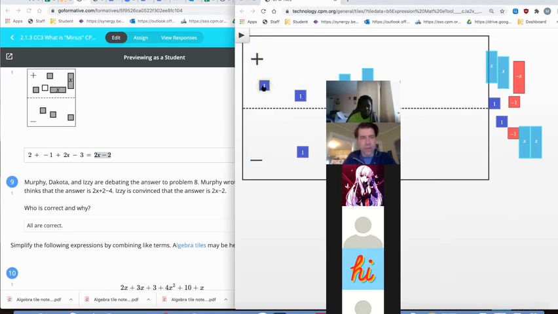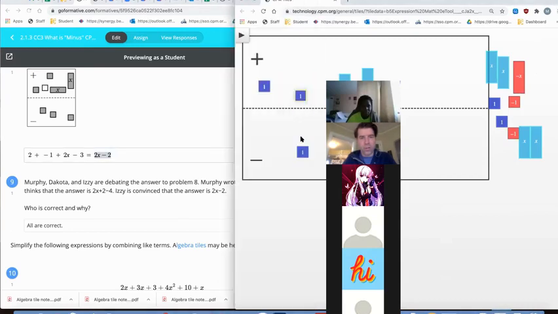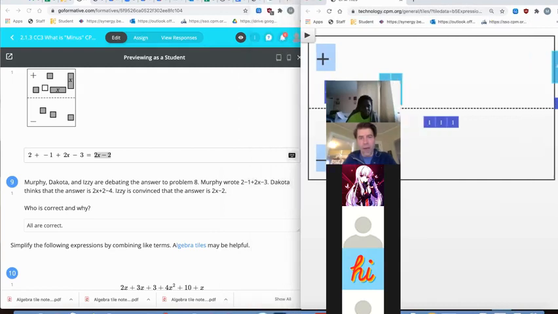So Murphy says 2 minus 1 plus 2x minus 3. I think that's the way that's written out. 2x minus 1. So what did Murphy do to this? Because this says 2x plus negative 1 plus 2x minus 3.